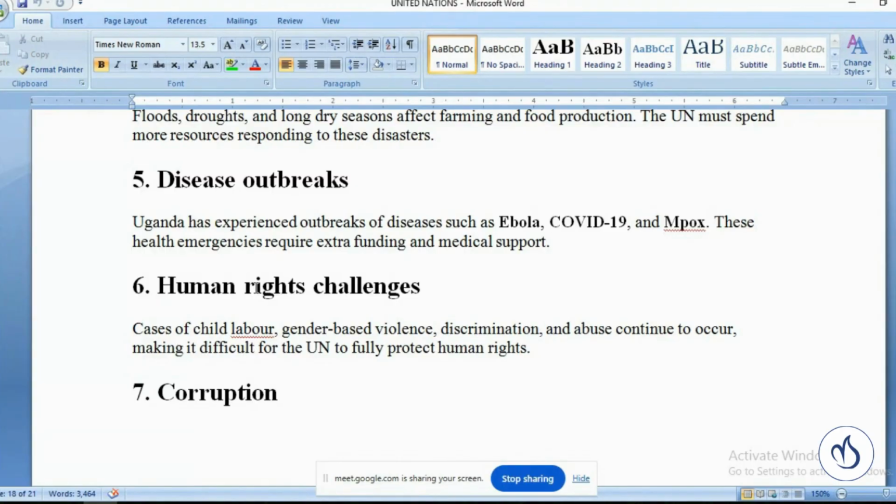Gender-based violence is also a violation of human rights, where you find a man treating a woman in a certain way, harassing, rape, defilement. That's gender-based violence. And this is common in Uganda. Discrimination is like a wave, it's increasing day by day. These ones are harassing those ones, but we are all people.